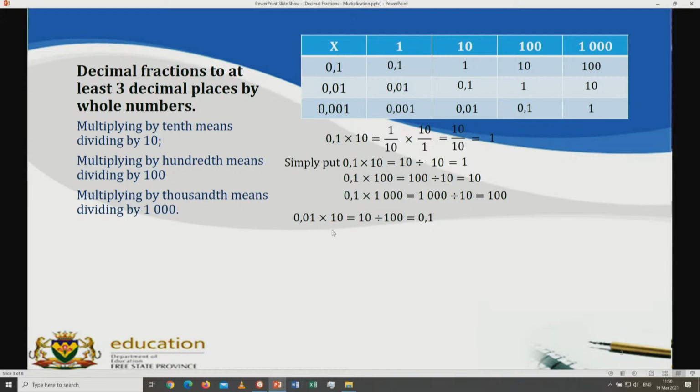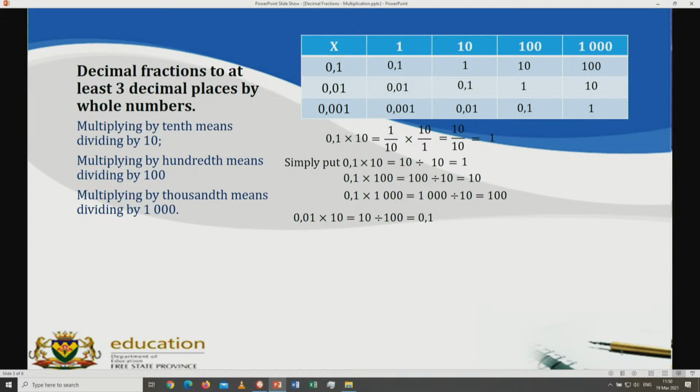0,01 multiplied by 10, quickly, the same as 10 divided by 100. And what do we know about 10 divided by 100? It's 10 hundredths. So 10 hundredths, the same as 0,1. You must remember that from our previous lesson, which means 10 hundredths is the same as 1 tenth.